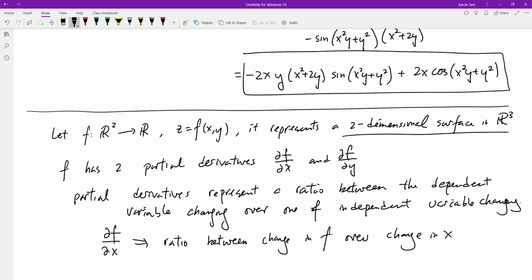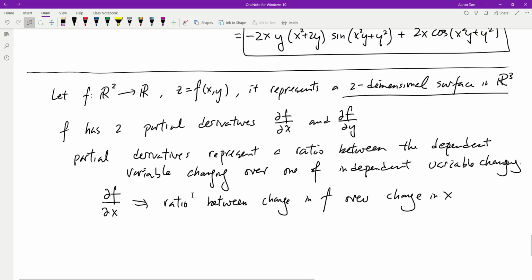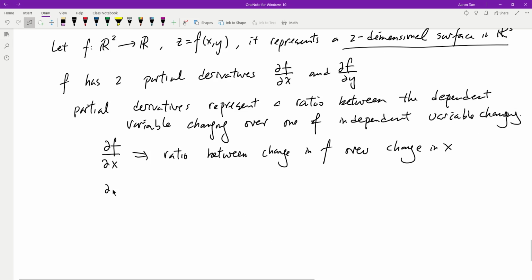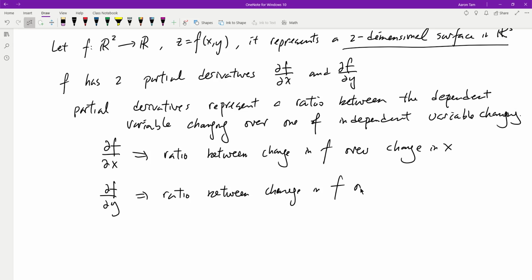And what is df over dy then? That would be the ratio between the change in f over the change in y.